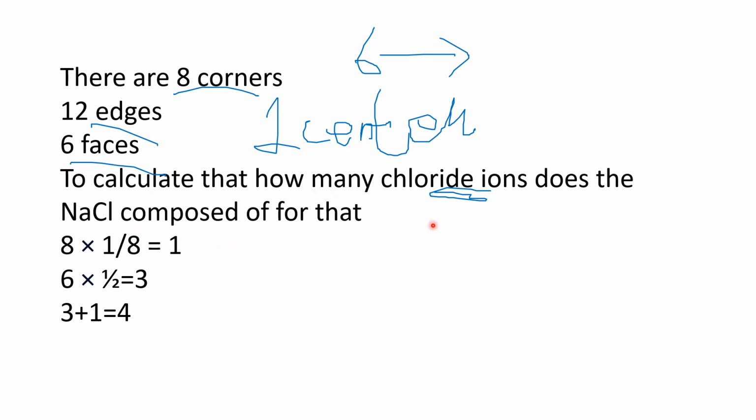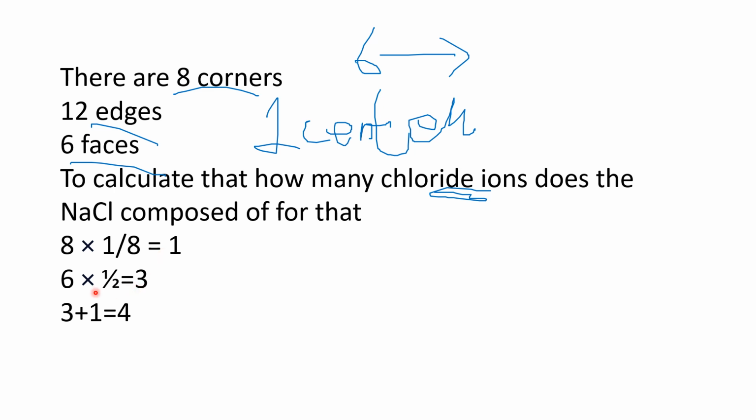How can we calculate how many ions we have? For that, we divide by 8, as there are 8 corners. In the 8 corners, there is 1 Cl placed at each corner, so it is divided by 8. If we multiply that, the answer will be 1. That means there is 1 ion on the corners.